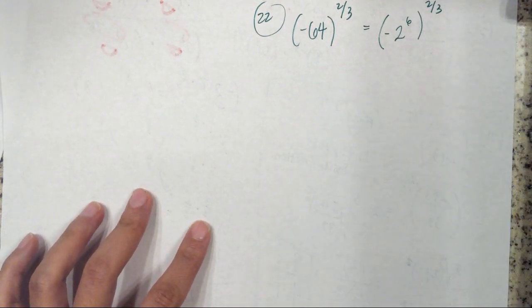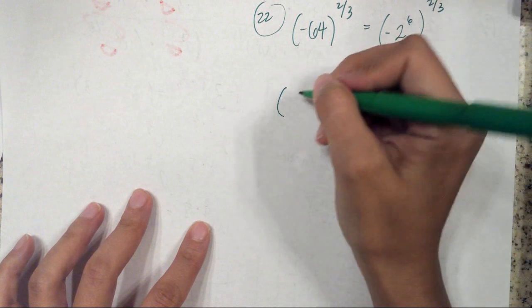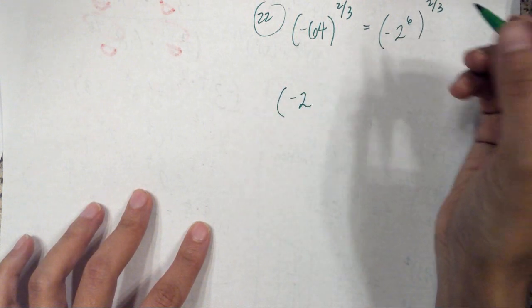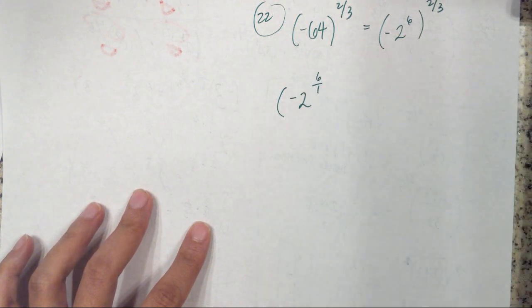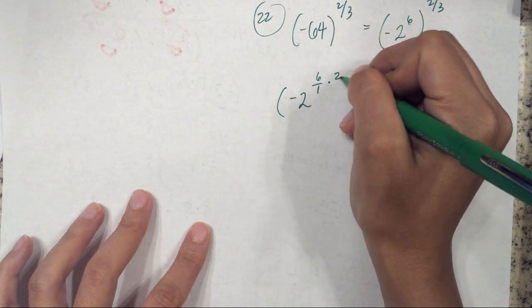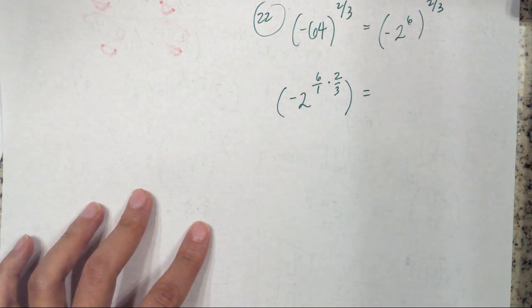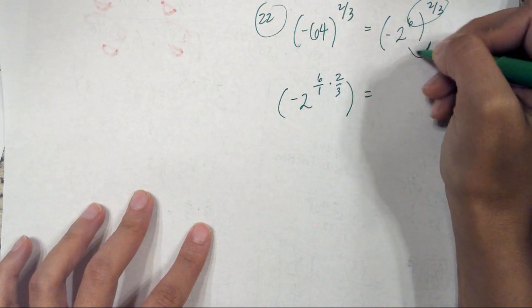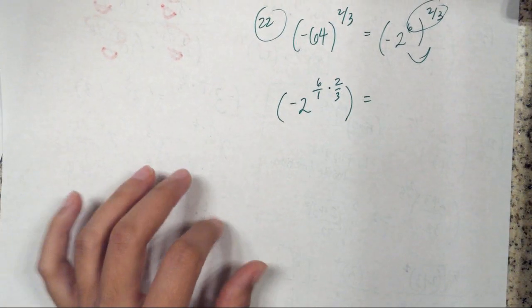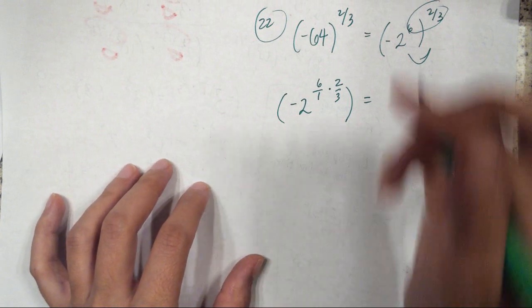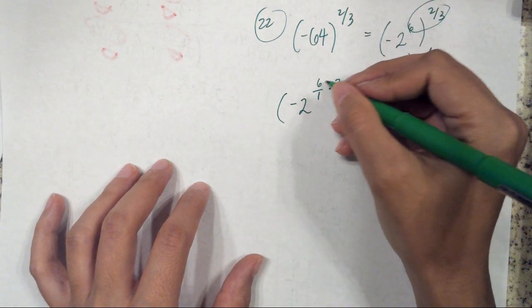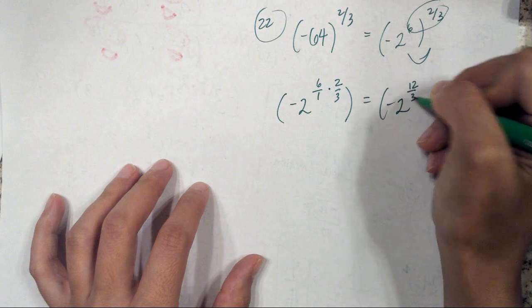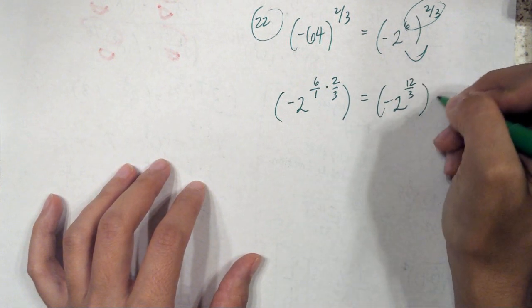So I have my staggering exponents, right? So I have negative 2 to the 6 over 1 times 2/3, right? So you have that face. These are your eyes. Here's your nose, and here's your mouth. Anytime you have those staggering exponents, you multiply. So I get -2 here. 6 times 2 is 12. 3 times 1 is 3.